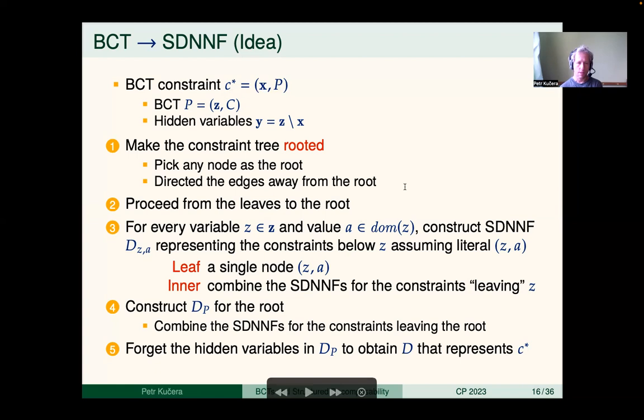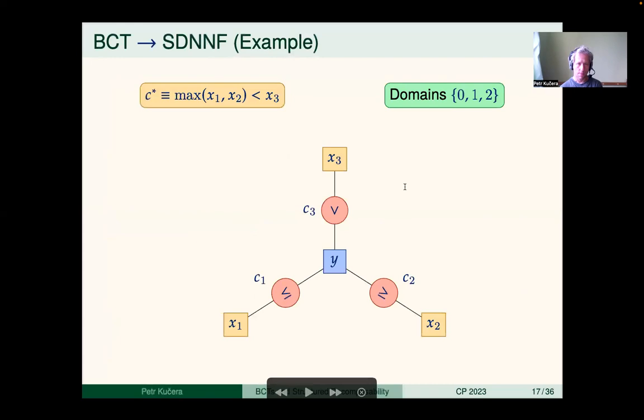This way we construct the DNNF DP for the root, which will be a combination of SDNNFs for the constraints leaving the root. And as a last step, we have to forget the hidden variables in DP to obtain the DNNF T that represents the constraint C star.